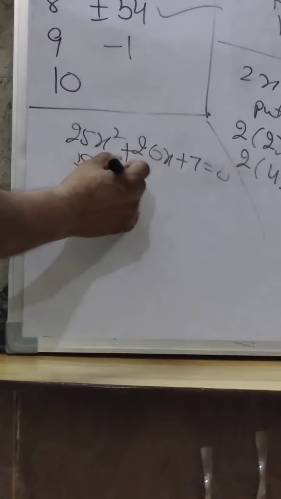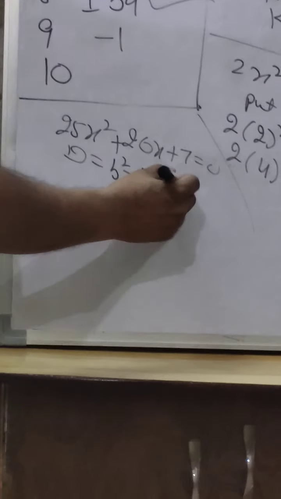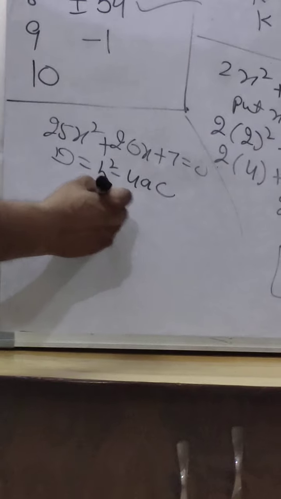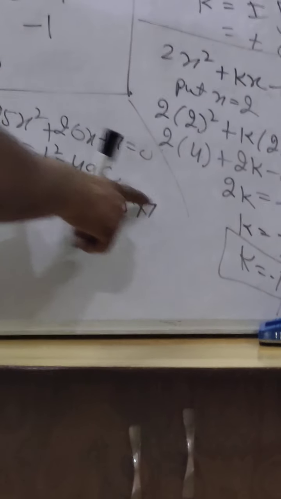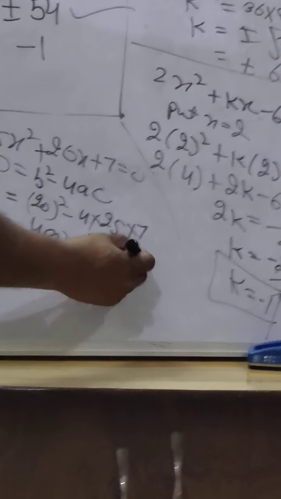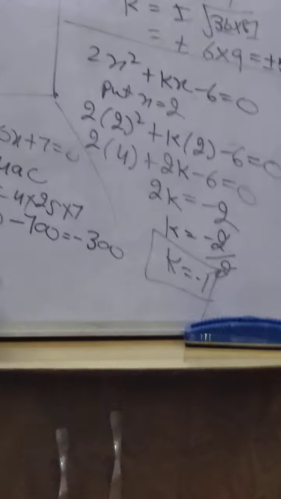For the nature of roots he is asking, you find out D. D means b square minus 4ac. So this is 20 square, 4, A is 25 and C is 7. 20 square is 20 into 20, and 25 into 4 is 100, 100 into 7 is 700. Then it is minus 300.